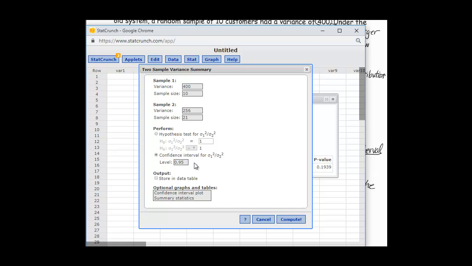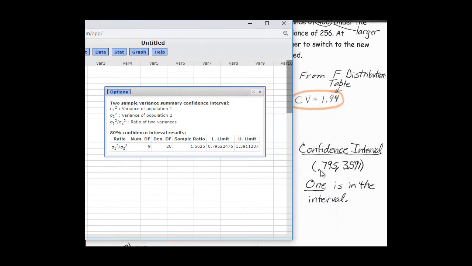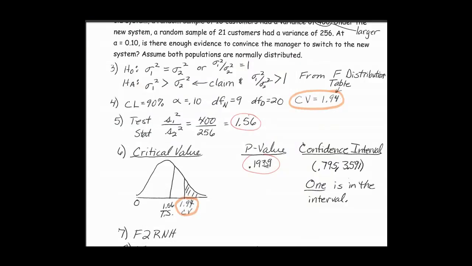And the confidence interval that is going to have 10% in that right tail is going to be 0.8. And when we do that confidence interval, we get this lower limit of 0.795 and an upper limit of 3.591. And because 1 is in that interval, that also supports the outcome that we had with our p-value and our critical value.